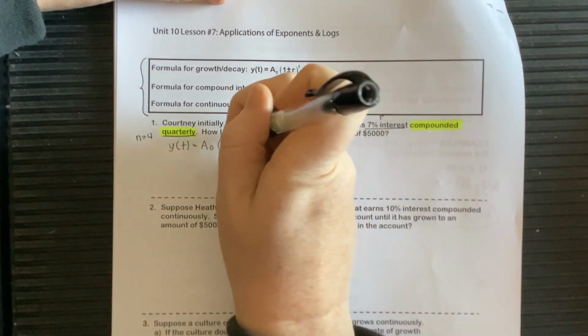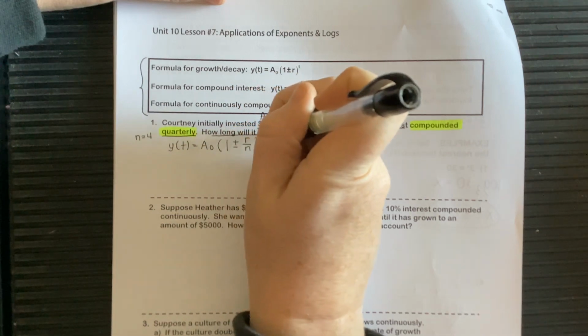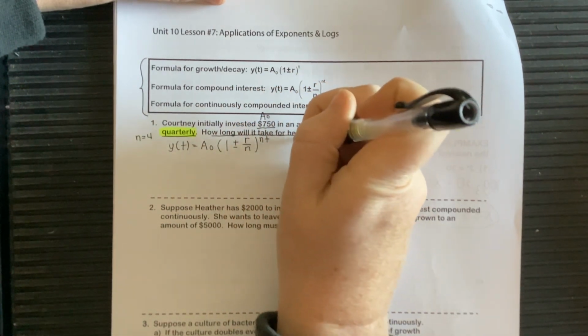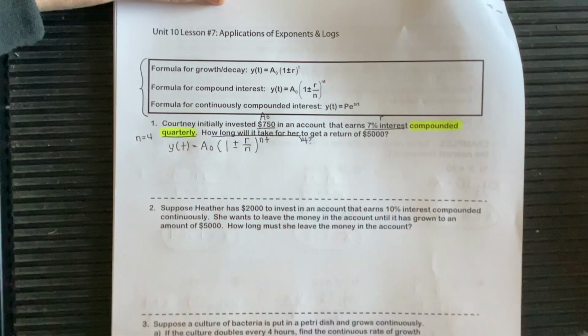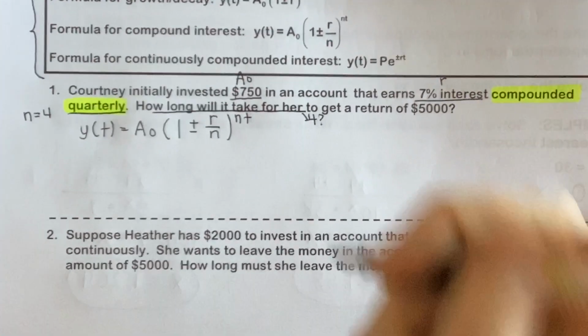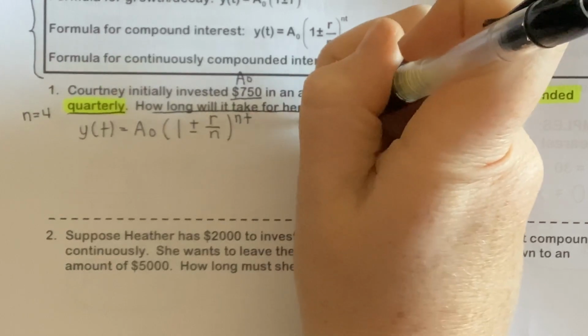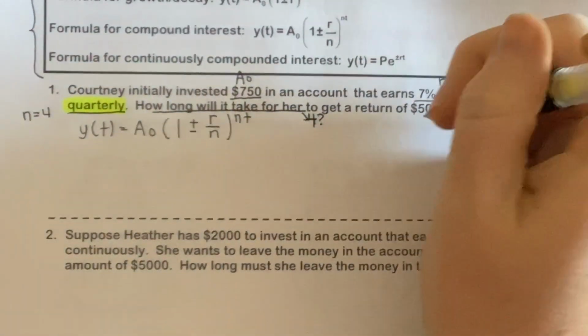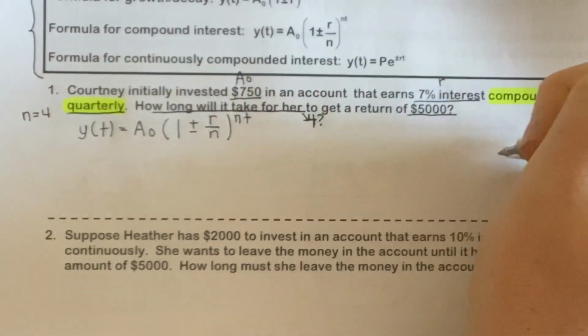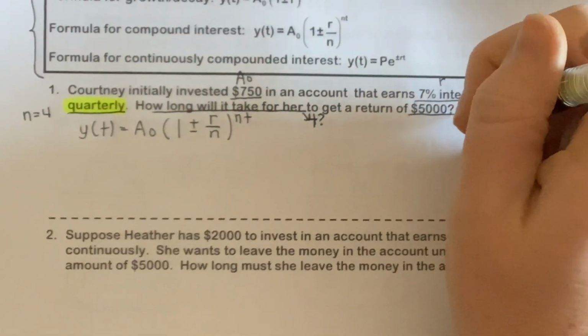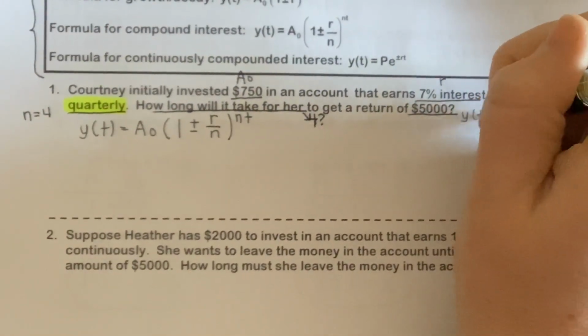We don't know what our time is, so that's our question mark. And to get a return of $5,000, so she wants her final amount to be $5,000.